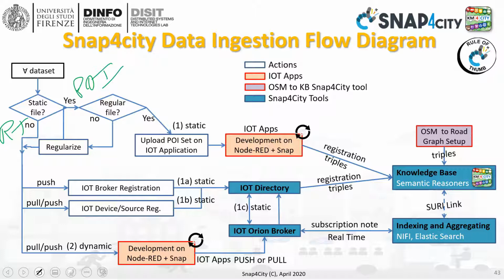If this is a point of interest, you have to see if the structure is regular or not regular. If it is regular, and we will explain better later what it means to be regular, if it fits a regular structure with the table that we are going to provide, you can just upload, and the tool can ingest the table and bring this information.